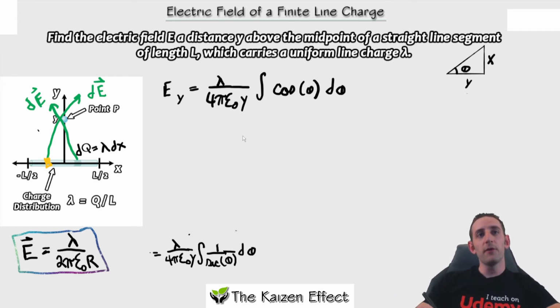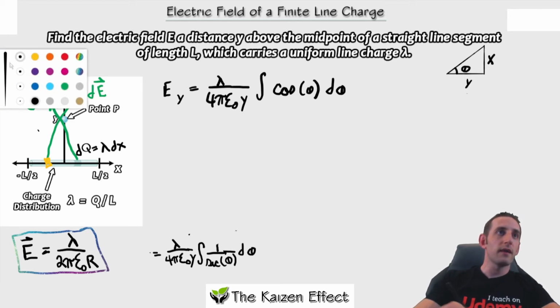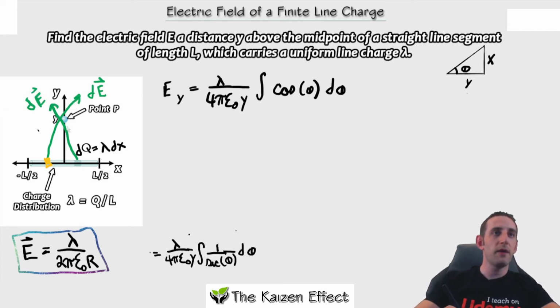I prefer to do this Cartesian-based, working through all the trigonometric substitution, but you could also come over here and take a look at what's going on and say, whoa, wait a second. If we take the electric field that's produced by this element, we're going to get an electric field at an angle theta.